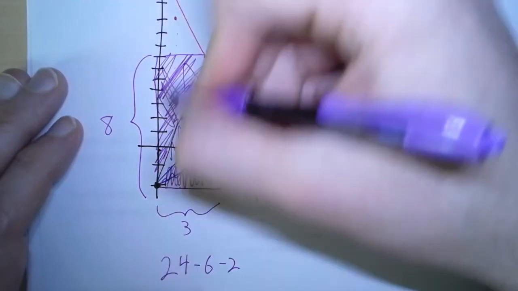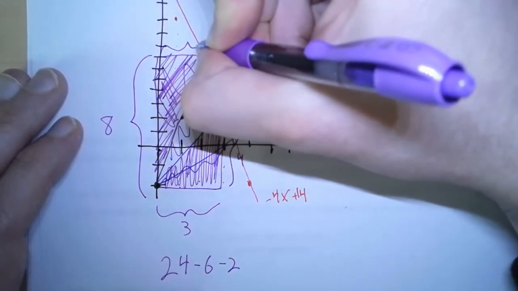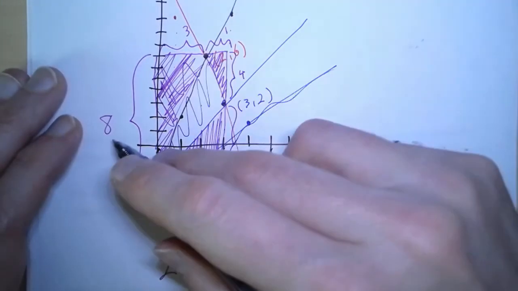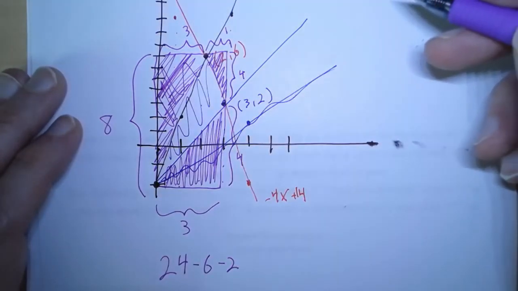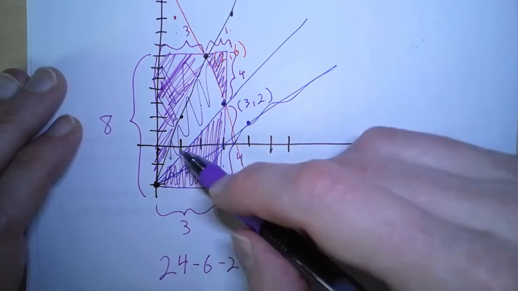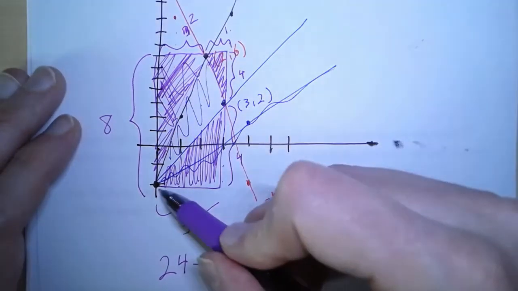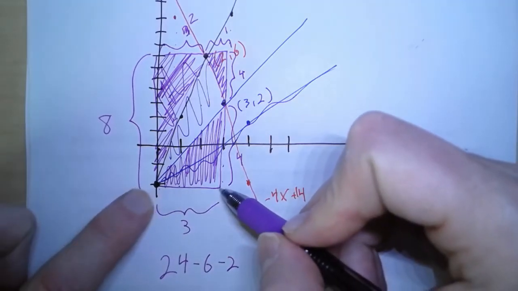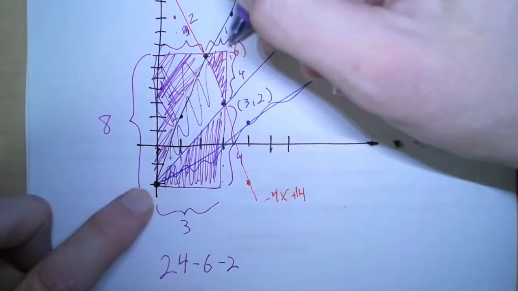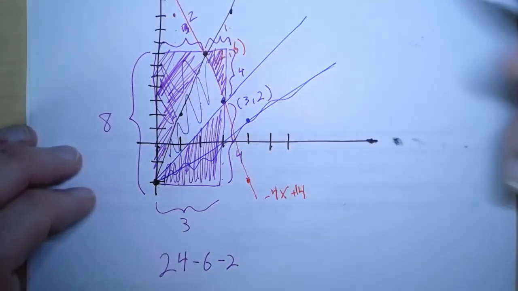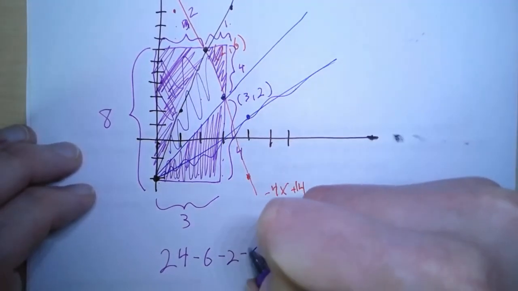This has a height of 8, and a width of, actually, not 3, but 2, because the entire rectangle has a width of 3, and we've already used up 1 here. So 8 times 2 is 16, times 1/2 is 8.